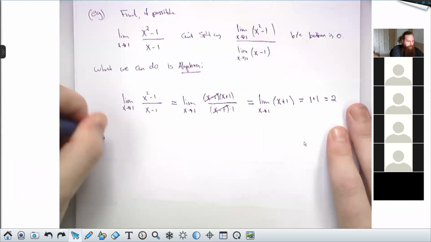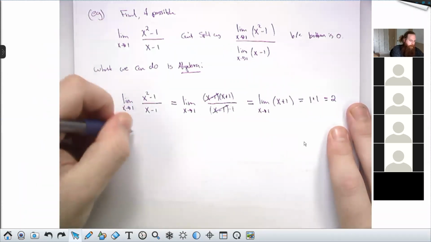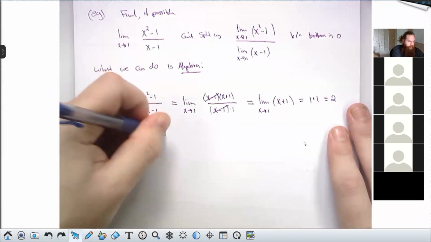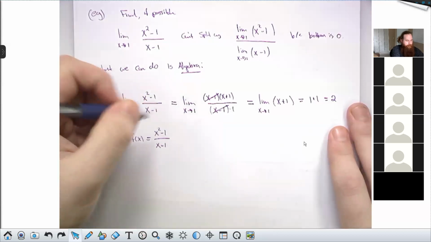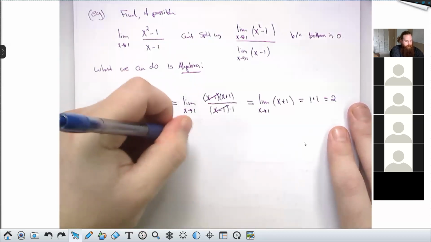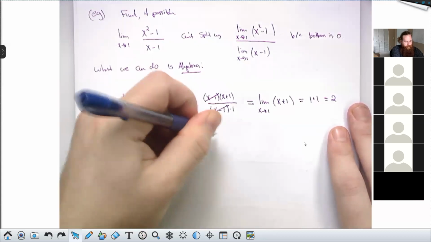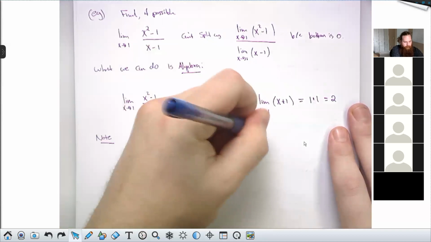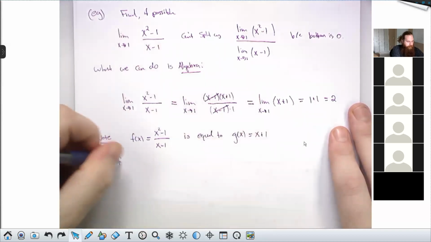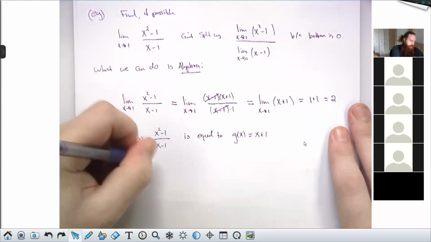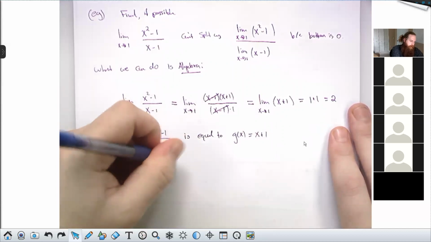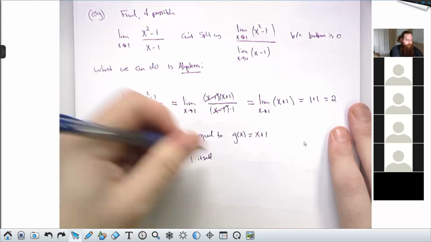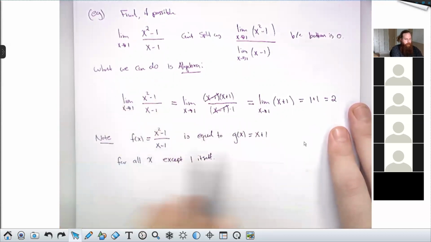So note, f of x equals x squared minus 1 over x minus 1 is equal to g of x equals x plus 1 for all x's except 1 itself.